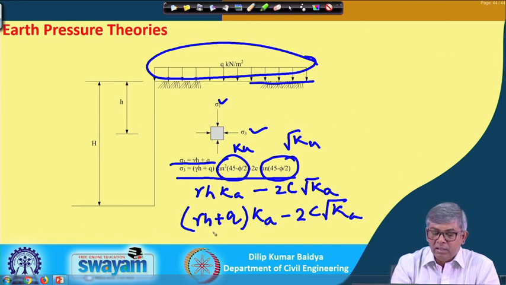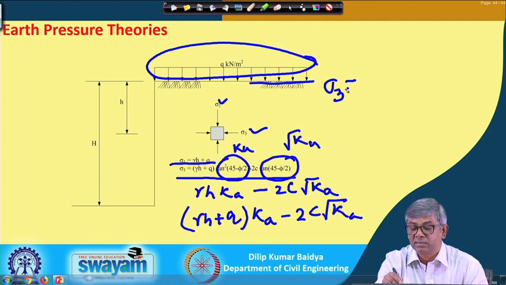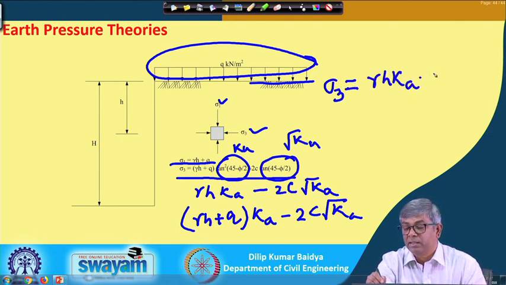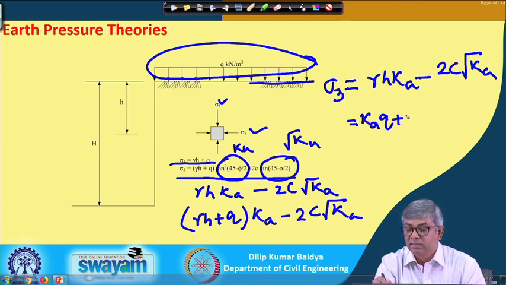So what way is it different? That means one additional term. Sigma 3 was gamma h K a minus 2 c root K a. Now, if I simplify this, it becomes K a multiplied by q, plus gamma h K a minus 2 c root K a.